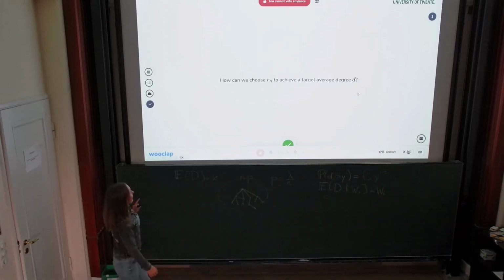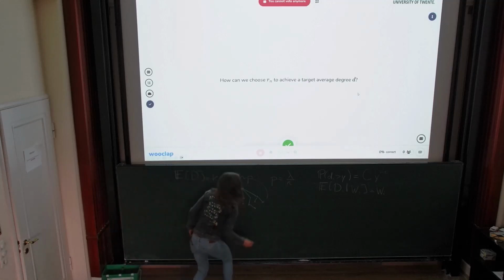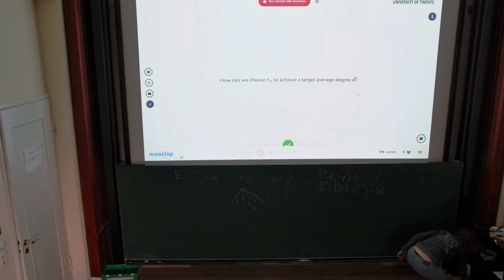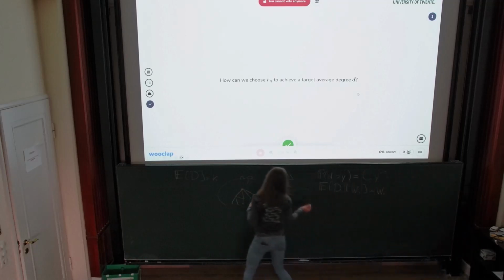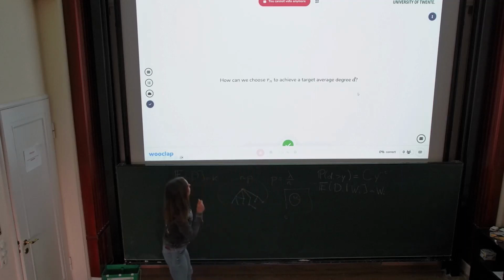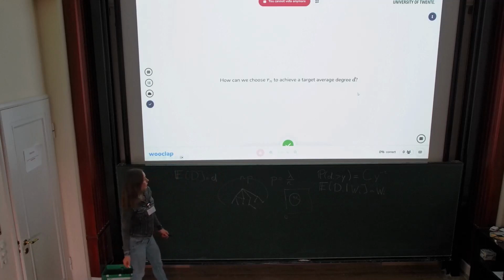So the question here is: we have this model, which is on the 0, 1 torus. We have n uniform points and a radius r around each in which you connect. How do we choose the radius as a function of n to achieve some target average degree d, which you would like to obtain?